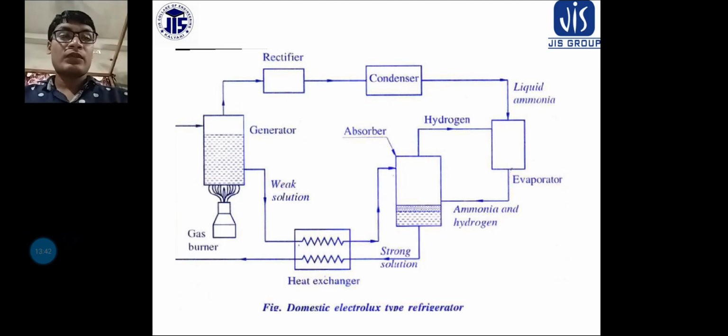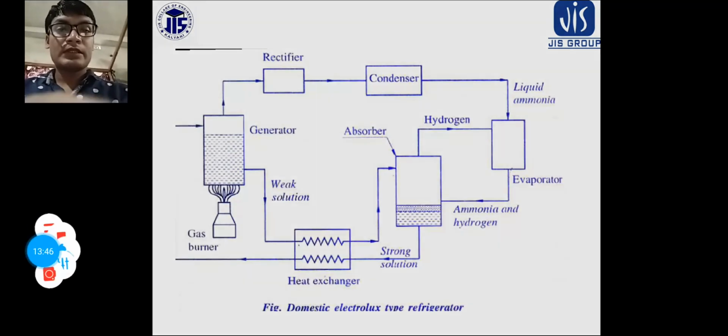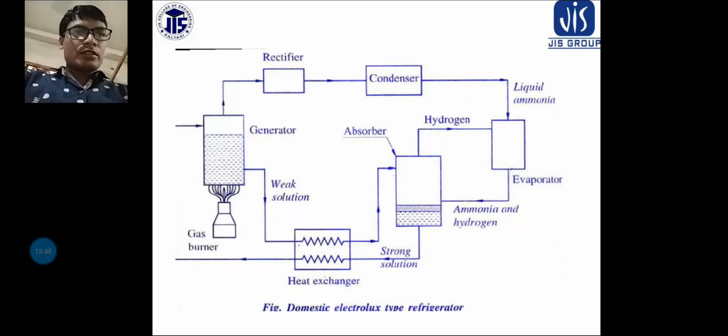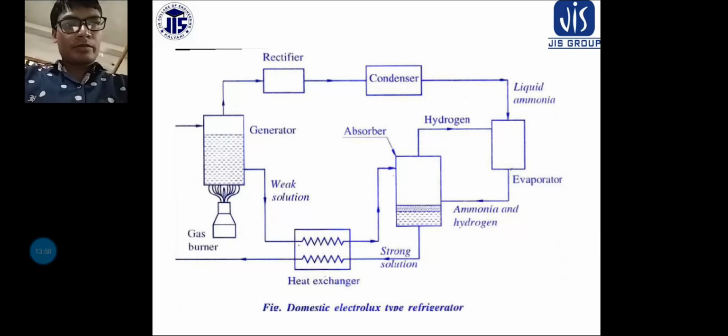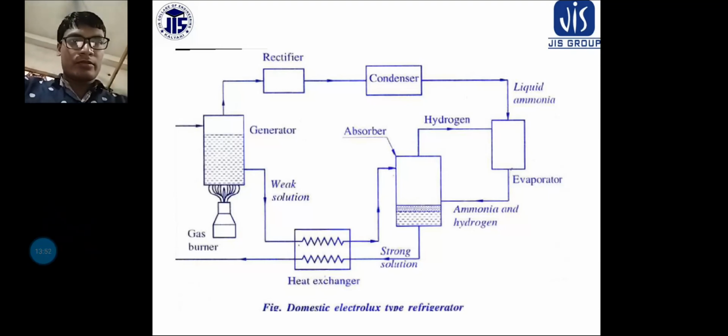So what happens in the domestic Electrolux refrigerator system? From the condenser, the condensed refrigerant comes out. The liquid ammonia enters the evaporator, and there is some hydrogen.